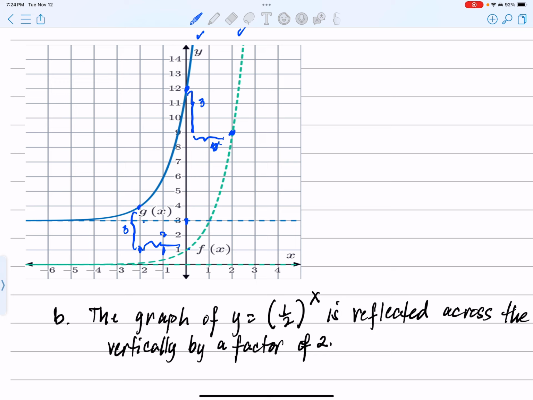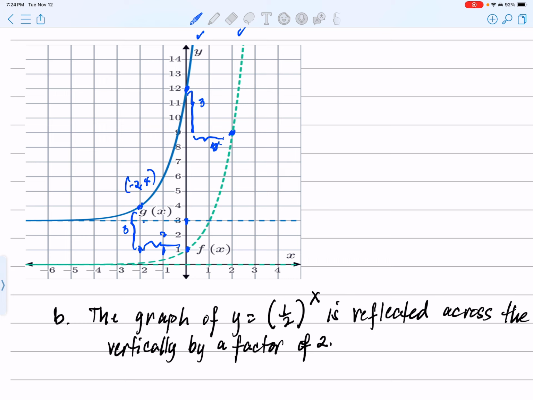So this is -2, the location of the new point. That is from here, and the new location of that point. That is where the translation is taking place.